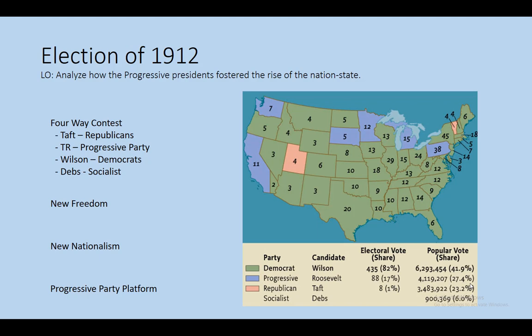So this leads us then to the election of 1912. The election of 1912 was a four-way contest between William Howard Taft, Theodore Roosevelt, the Democrat Woodrow Wilson, and the socialist Eugene V. Debs. And it became a national debate on the relationship between political and economic freedom in this age of big business.